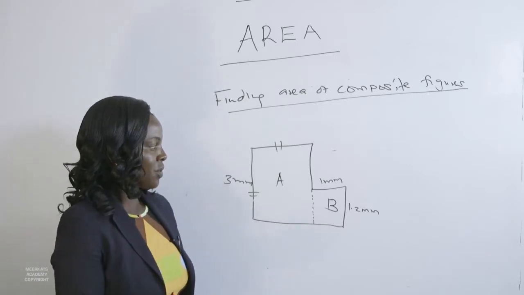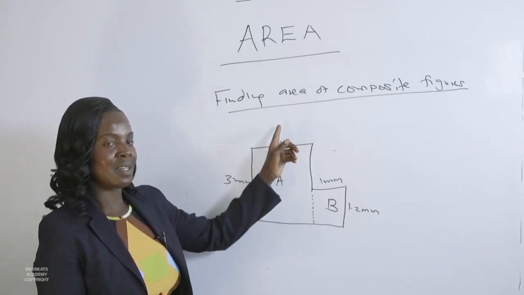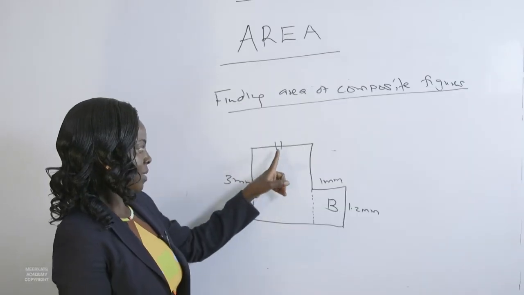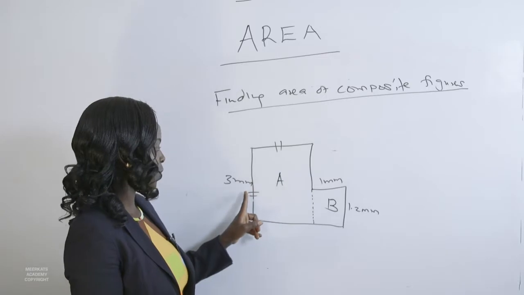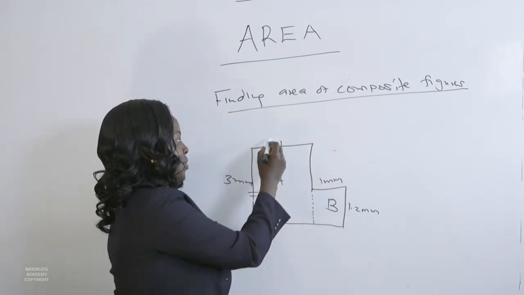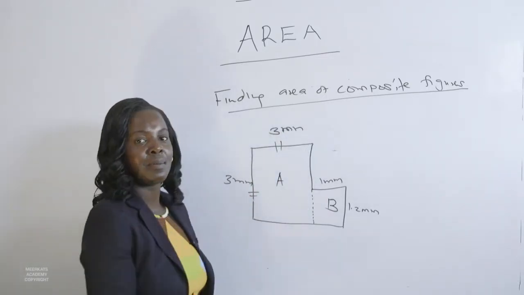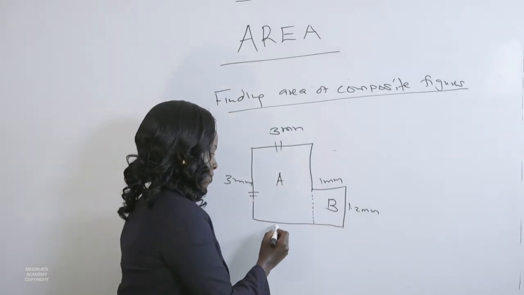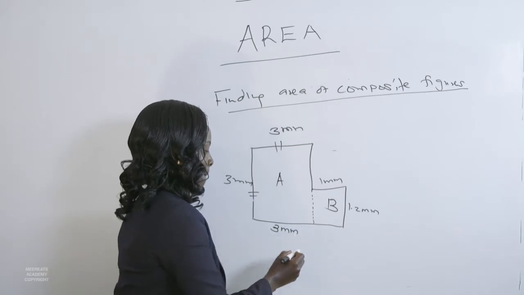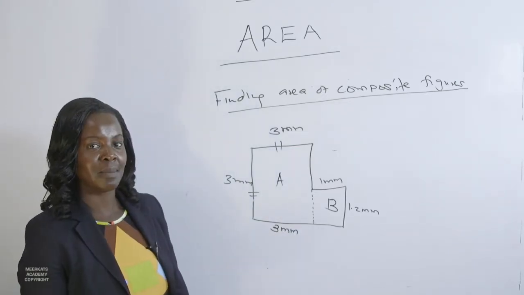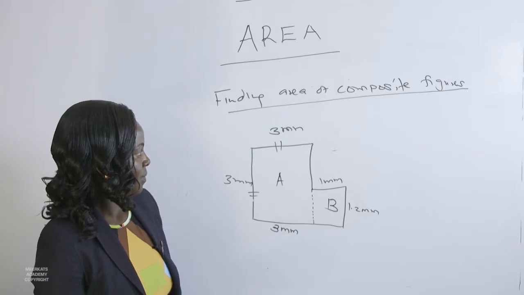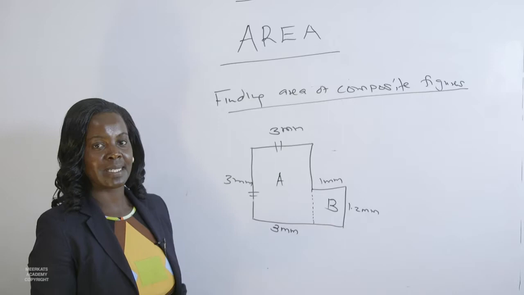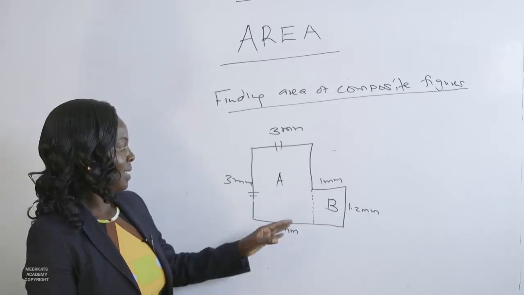So the first thing that you're supposed to do is to find the measurements of the missing lengths. This part here, we are told is equal to this part, which then will be also 3 millimeters. Then that will also be 3 millimeters. If this is 3 millimeters and this is also 3 millimeters, what does it tell us?